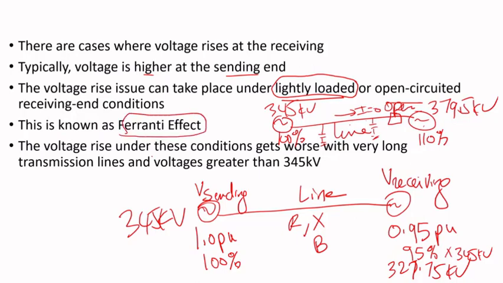The voltage rise under these conditions gets worse with very long transmission lines and high voltages. Typically as voltage is higher than 300 kV, it really gets worse, especially if they're very long.